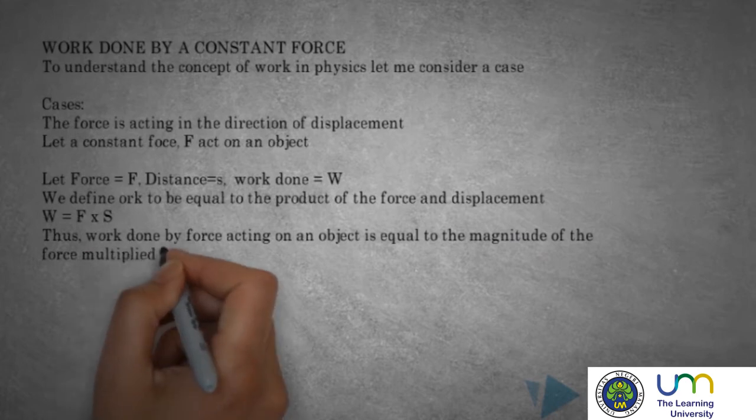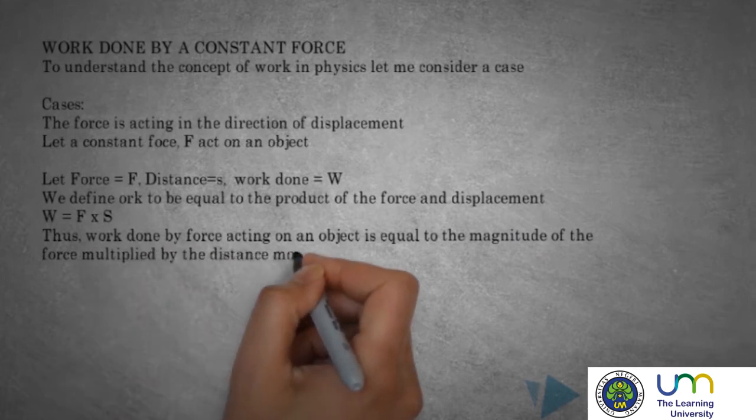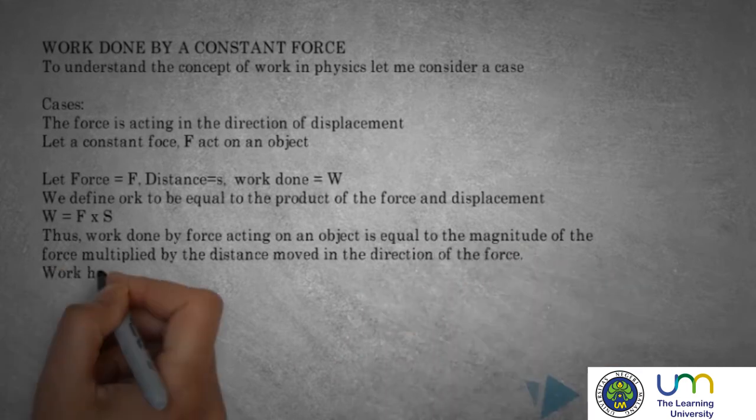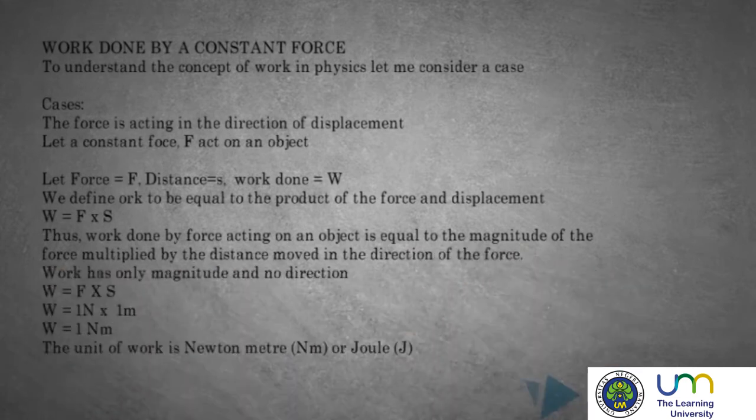Work has only magnitude and no direction. W is equal to F times S. W is equal to 1 Newton times 1 meter. W is equal to 1 Newton meter. The unit of work is Newton meter or joule.